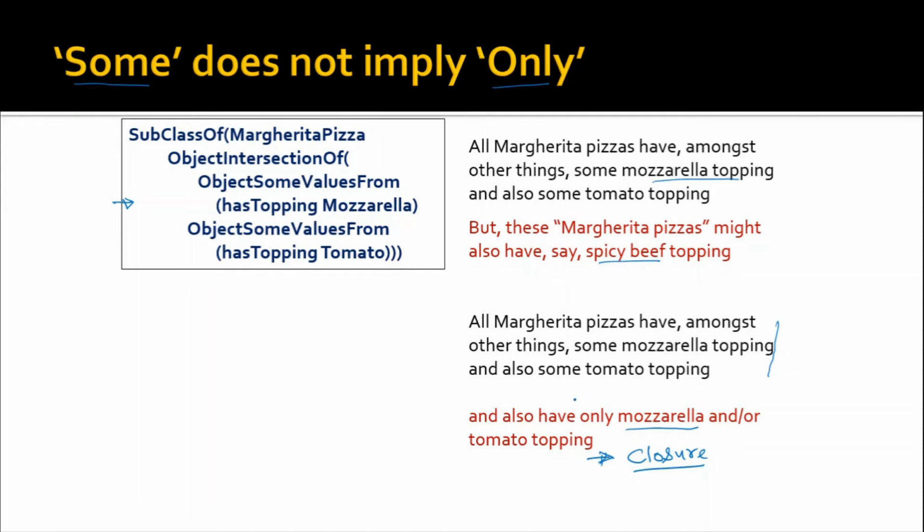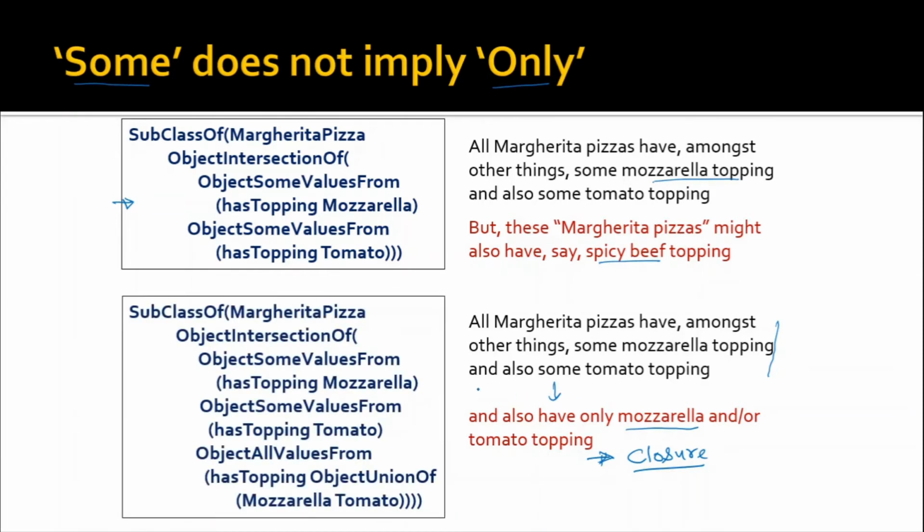With this revised specification, the representation we'll have is the thing we had defined earlier, like the intersection of some values from has topping mozzarella, some values from has topping tomato. With this we are ensuring that it has at least one mozzarella topping and another tomato topping.